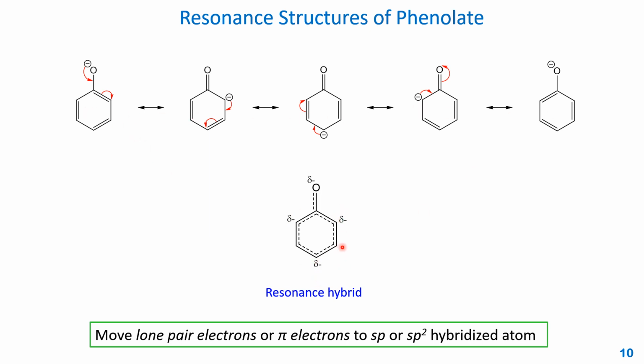It will never go to this carbon or that carbon or this carbon. So this is the hybrid of this phenolate. Because of these 5 resonance structures of the phenolate, this phenolate is more stable than normal. That's why the phenol's pKa is about 10. It's much less than a normal alcohol. It's more acidic.